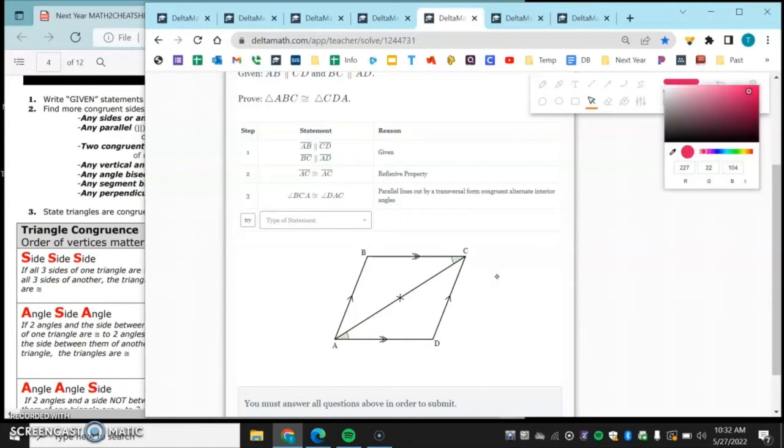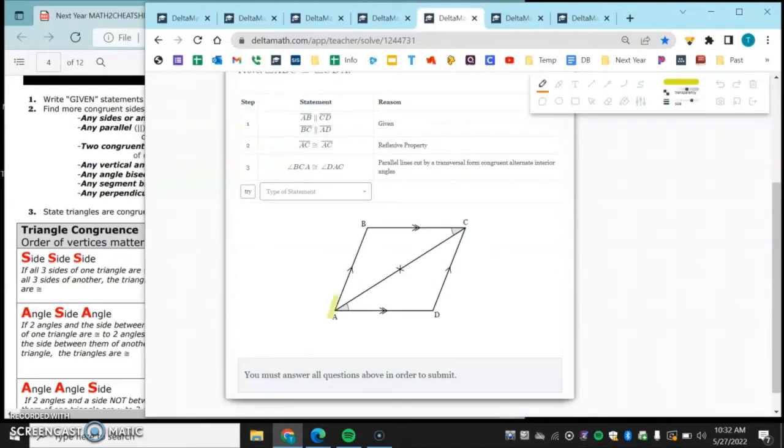So let's see if we use the fact that those two lines are parallel, and those lines are also cut by a transversal. So we have this Z shape again. It's a little bit turned sideways, but we have parallel lines and a transversal. So we have this Z shape here.